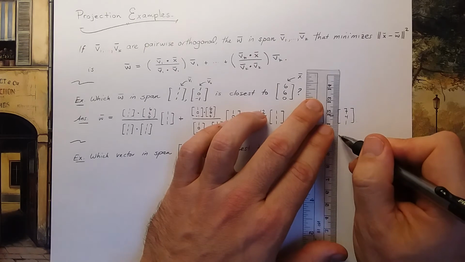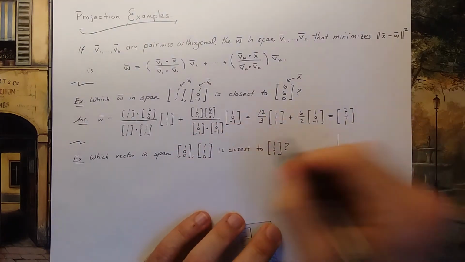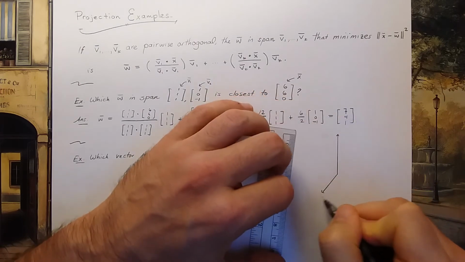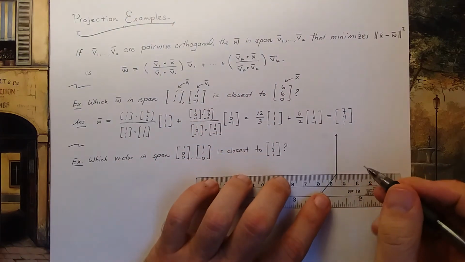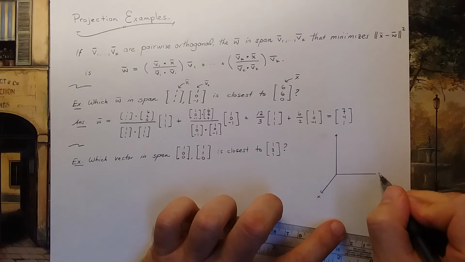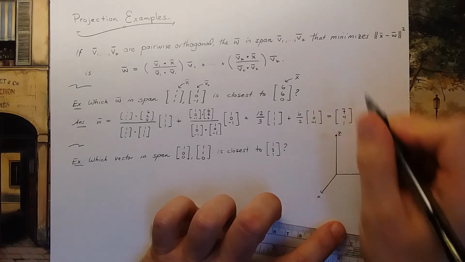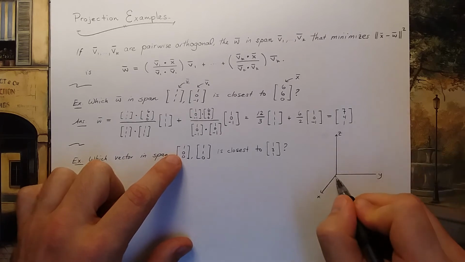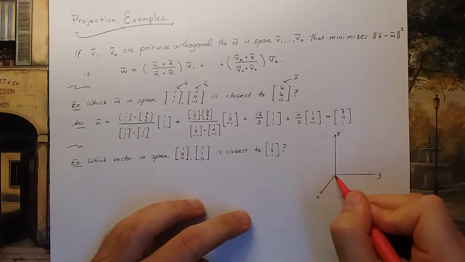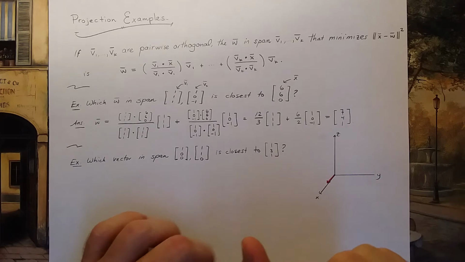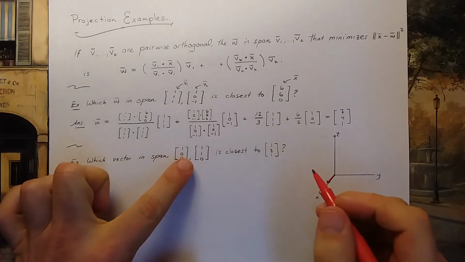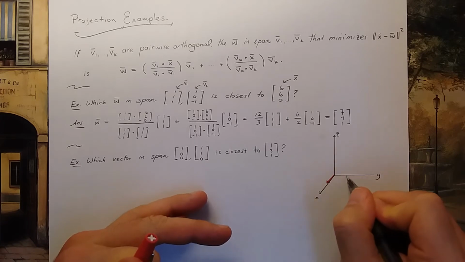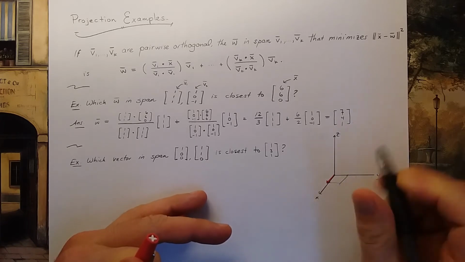Let me draw the situation in R3. So I have vectors in R3. So let me have an x, y, and a z axis. So here's x coming out of the page, y to the right, and z up this way. The vector 1, 0, 0 is maybe this red vector here. The vector 1, 1, 0 is a vector that's 1 unit in the x direction and 1 unit in the y direction.